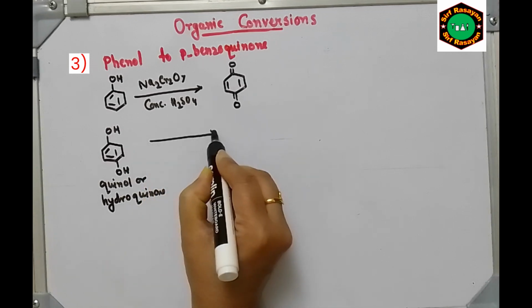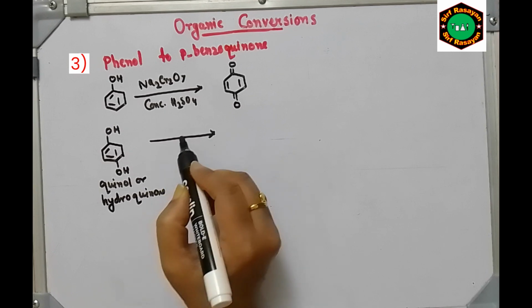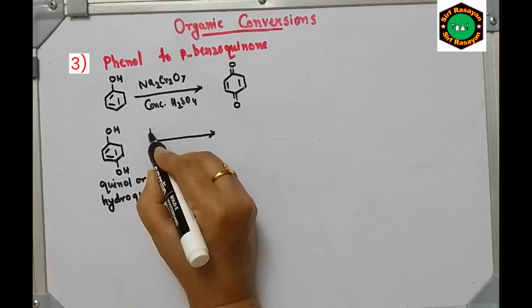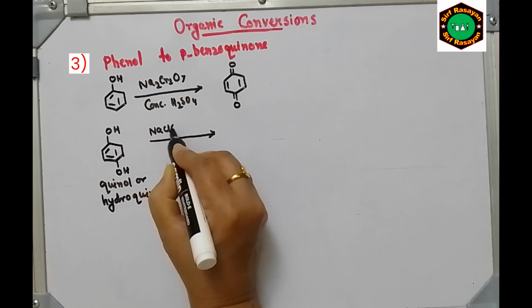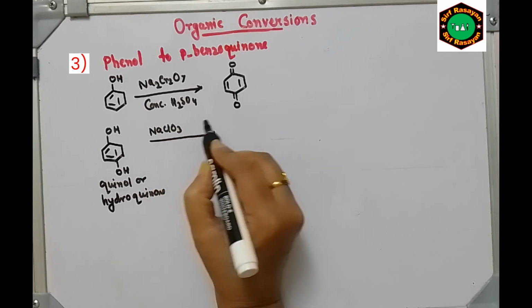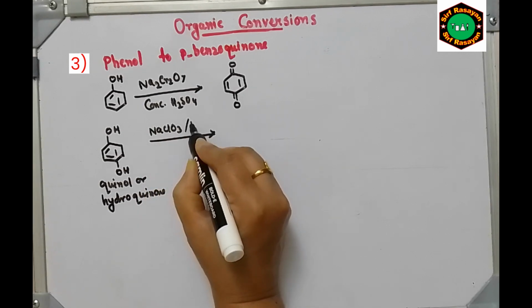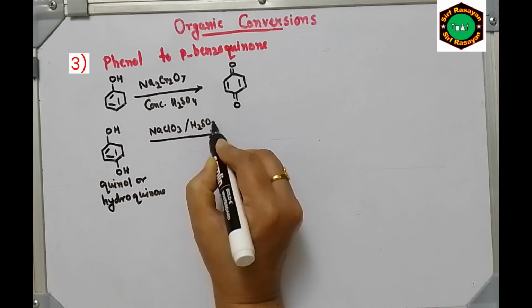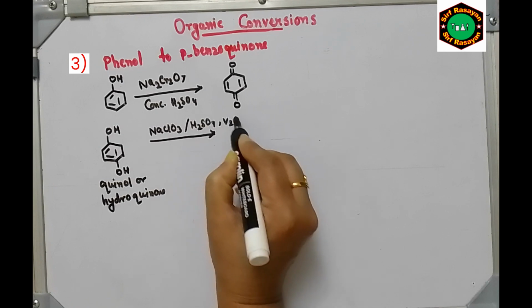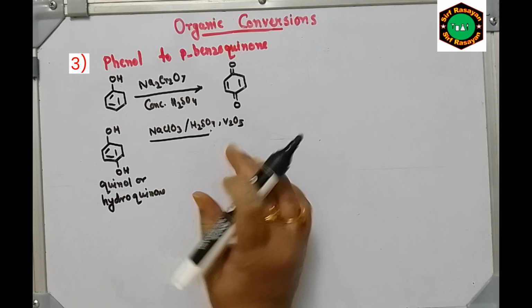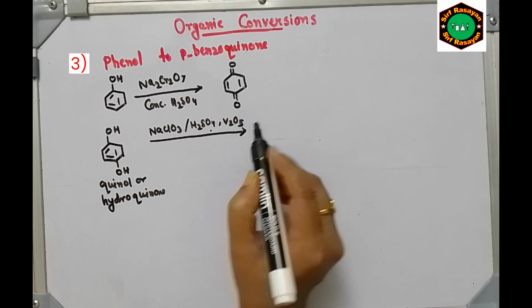If you oxidize it with sodium chlorate, NaClO3, in presence of sulfuric acid and V2O5, vanadium pentoxide, you get benzoquinone.